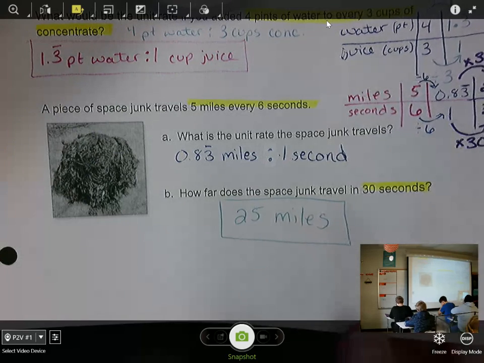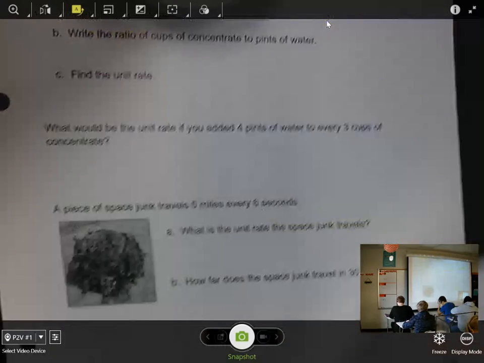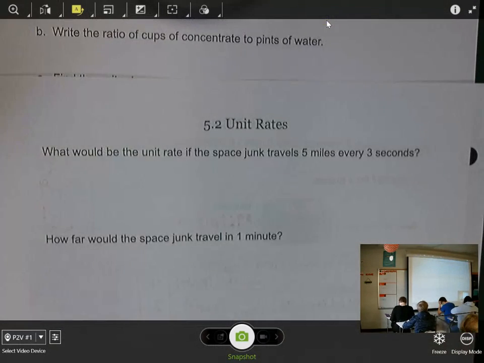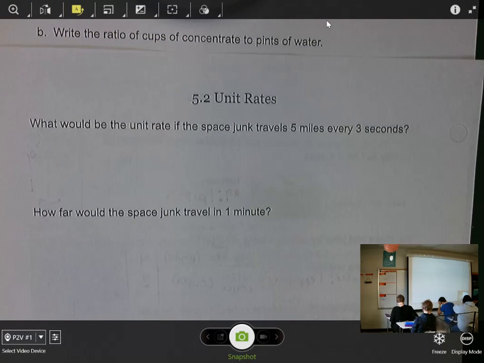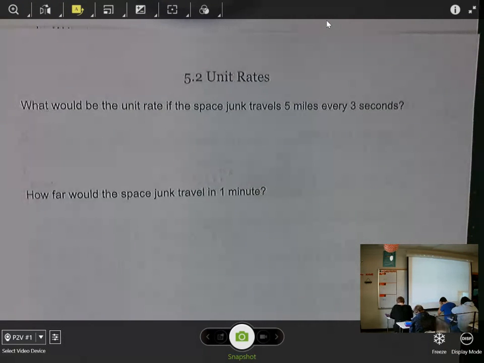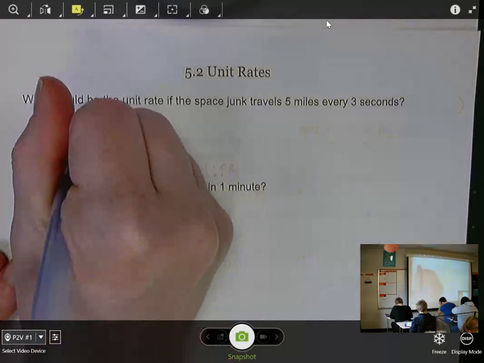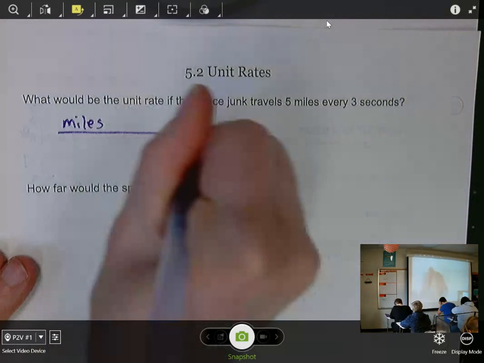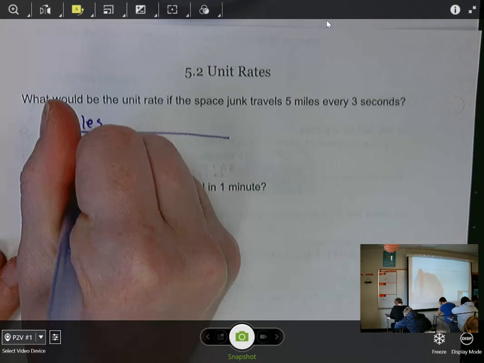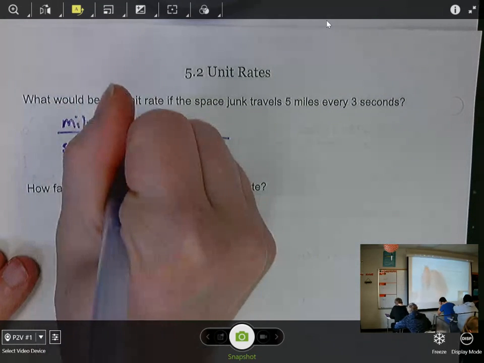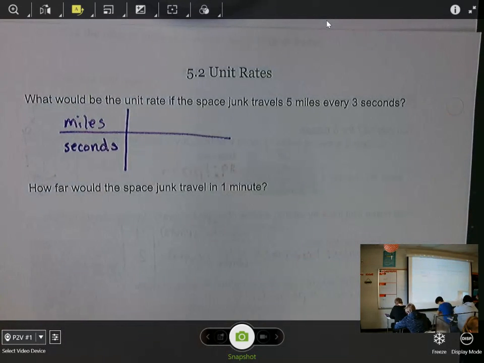All right, let's turn it over to the back. It says, what would be the unit rate if the space junk travels 5 miles every 3 seconds? Okay, so it's miles per second. That thing going fast, man. All right. Space trash.